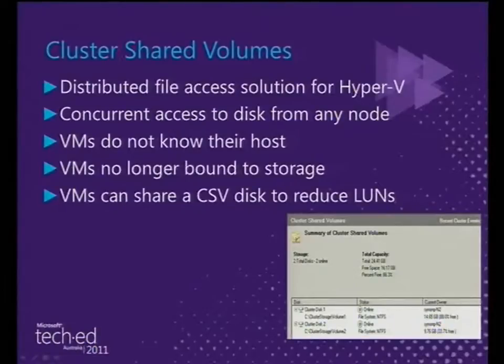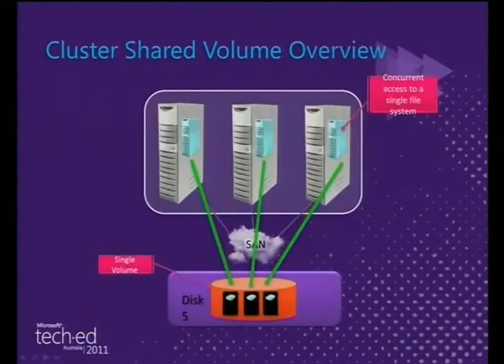That's super wasteful, very expensive. I don't want to recut the way I do my storage. Let me do my job the way I like to do it. And so we said, no problem. With Cluster Shared Volumes, you can have one massive LUN if that's what your storage guys want. You can put multiple VMs on it at a time. It's absolutely no problem. So I'll give you a little diagram to show how that works. In this case, we've got a massive LUN, let's say it's a terabyte, if you like. We've got multiple VMs running on it and multiple hosts accessing those VHDs at the same time, simultaneously.